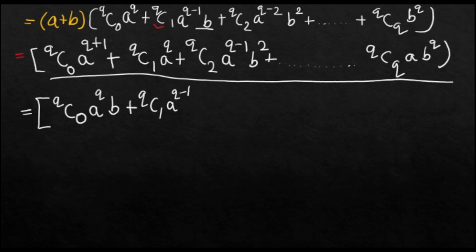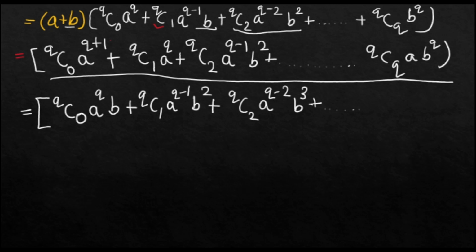But when B is multiplied with this B, it will get B square. Plus, let's move to the next term, again writing it in the same way. Plus, just like this, terms go on. If B is multiplied with this BQ, then the term will be QCQ BQ plus 1.